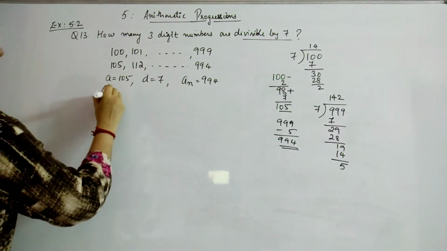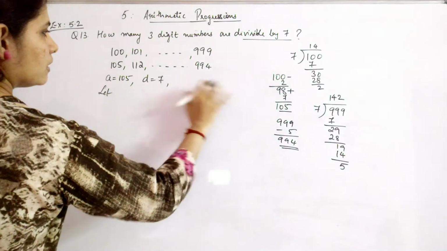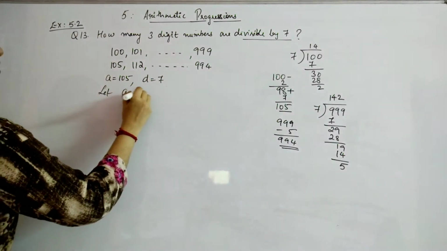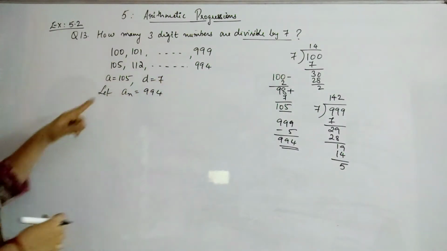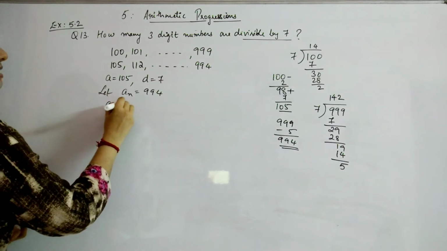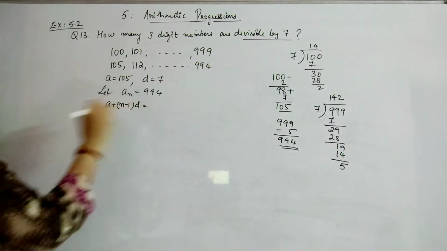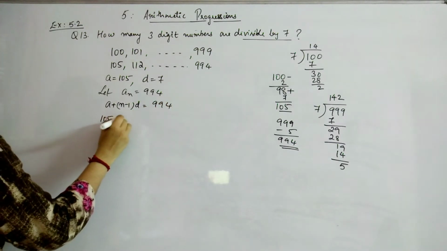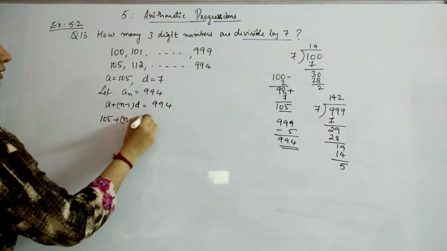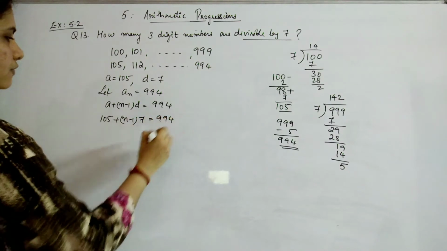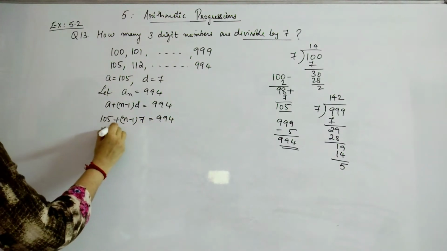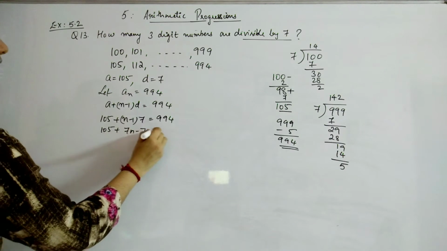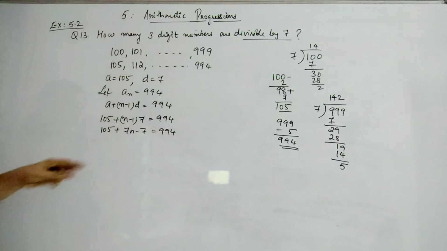Okay, so we will take that AN. Let AN be 994. Now we will replace AN with the formula, which is A plus n minus 1 into D, equal to 994. A is 105, plus n minus 1 into 7 is equal to 994. 105 plus 7n minus 7 is equal to 994.